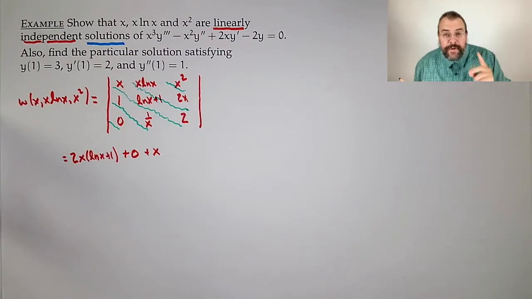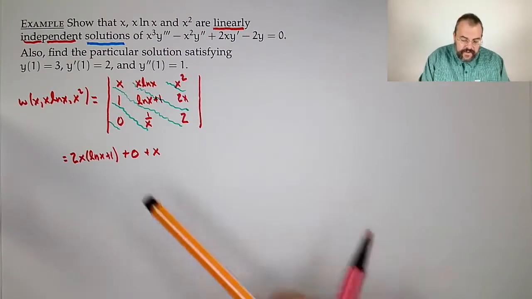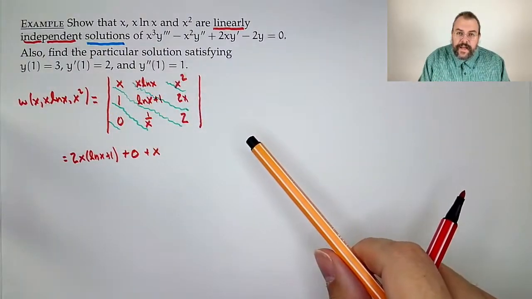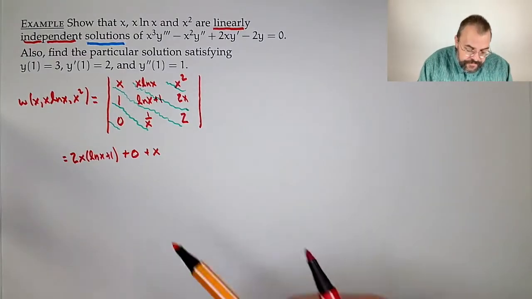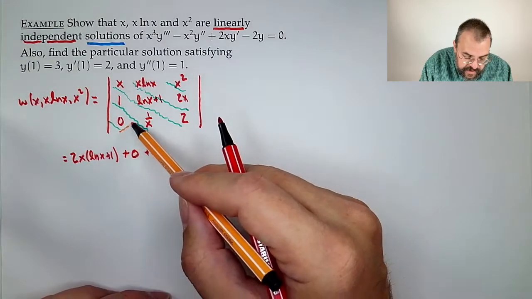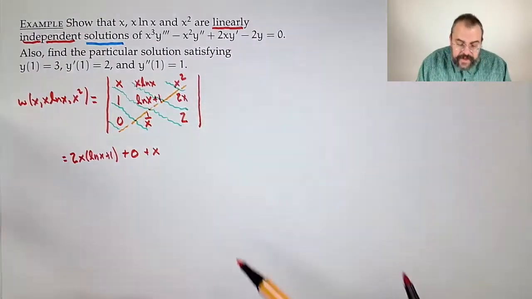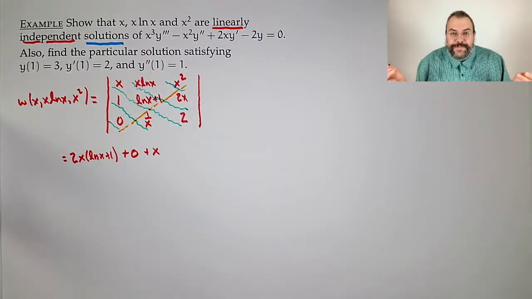And here's the thing to remember about determinants. When we look at diagonals going down, add. Diagonals going up, subtract. So, when we look at 0 times log of x plus 1 times x squared, well, 0, of course, makes the whole thing 0. But we're going uphill, so we subtract 0.